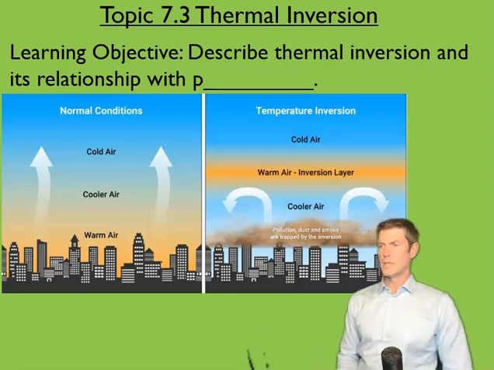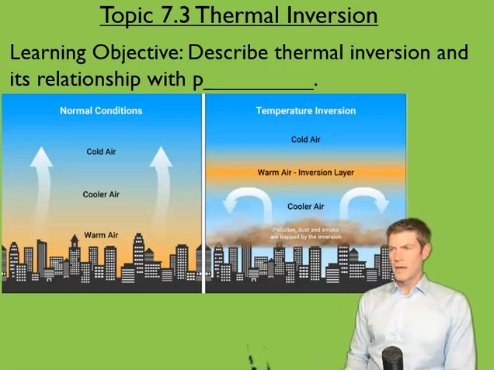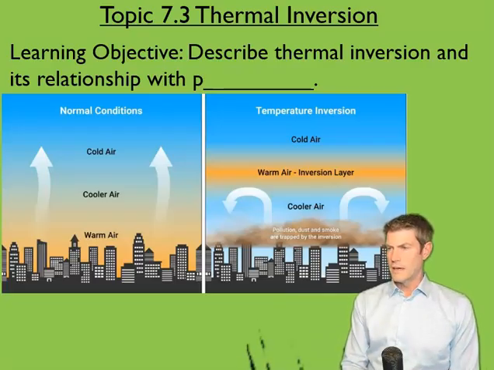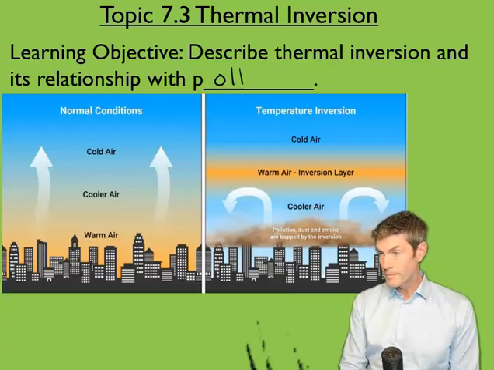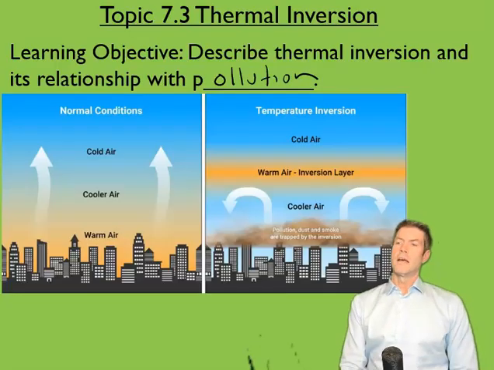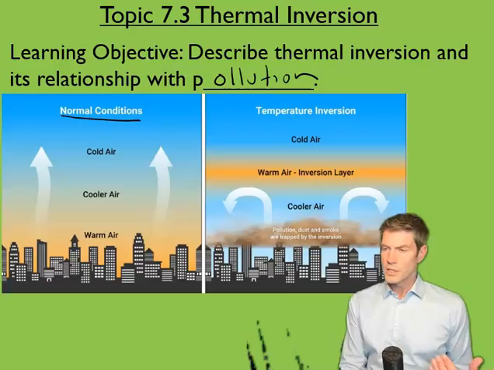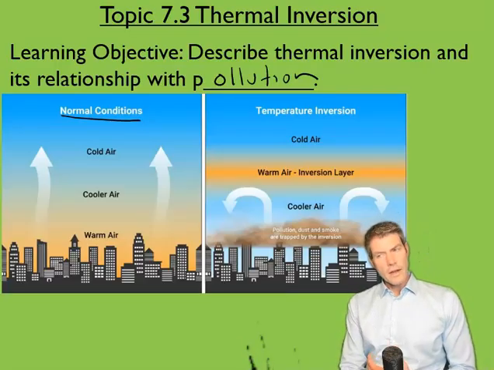So here's a good diagram. We're going to talk about how these inversion layers are related to air pollution specifically. And remember, normal conditions: warmer air near the surface, cooler air as you go up.